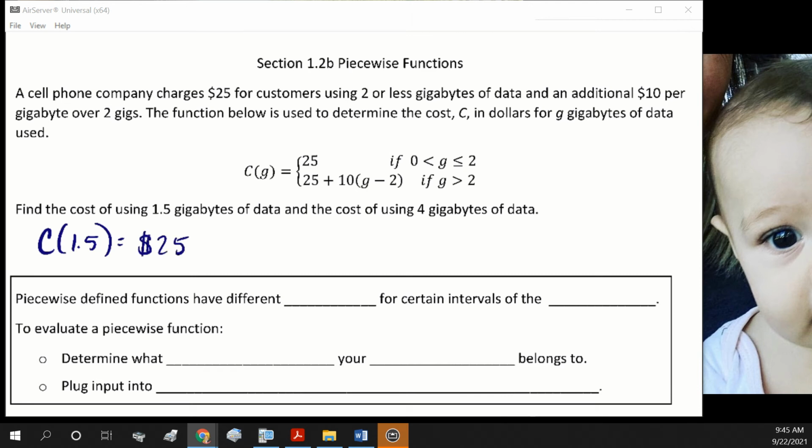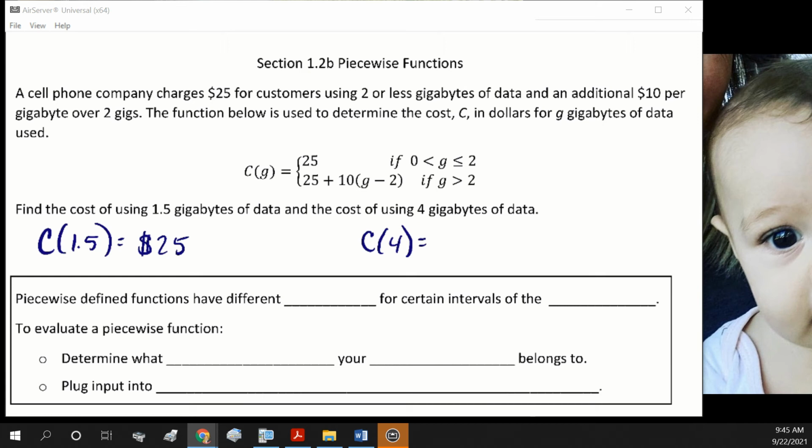So you could answer that question without looking at the function, just by looking at the words. But because 1.5 falls in between 0 and 2, then it's going to be 25. All right, and then we're going to find C of 4.